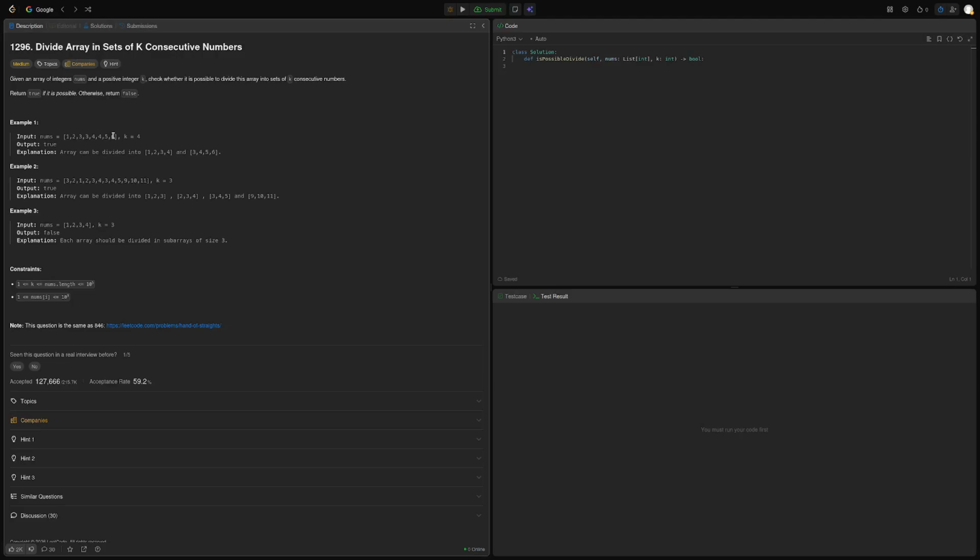That's interesting. Yeah, my assumption was we sort, but we don't have to. We can use a multiset and start from the smallest element and try to find the next k minus 1 elements. If it cannot be done, then we return false.